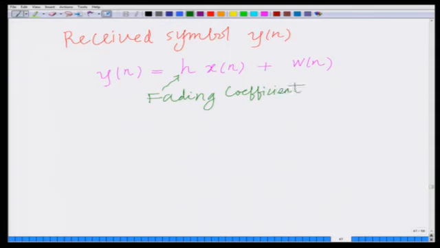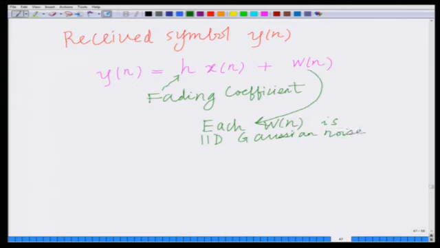So, this is the Rayleigh fading channel coefficient, and each wn is IID Gaussian noise with variance sigma square.